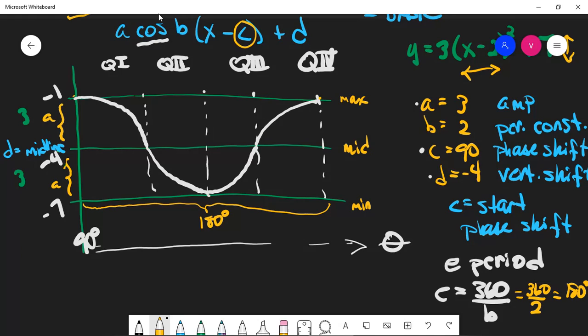Now what you have to do is break that up into the 4 quadrants. So the total of 180 in 4 pieces. 180 divided by 4 will equal 45, correct? 45 degrees.